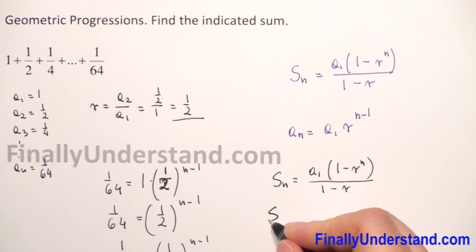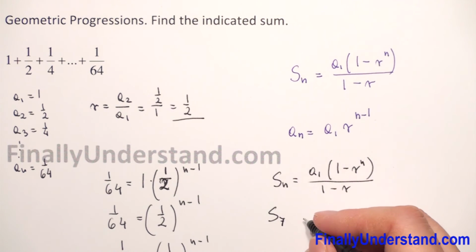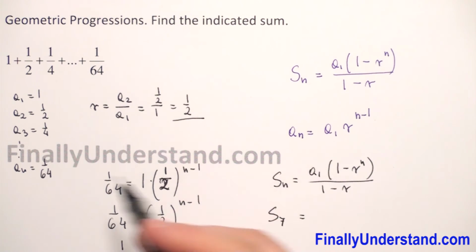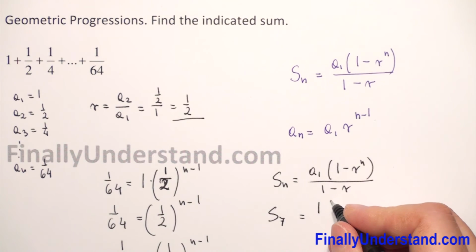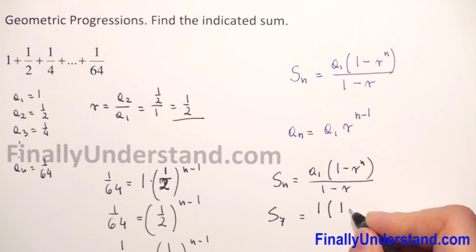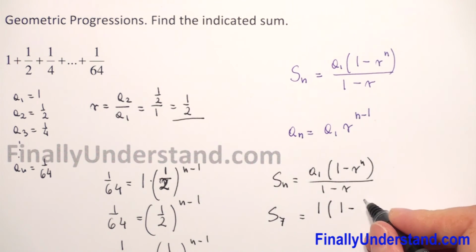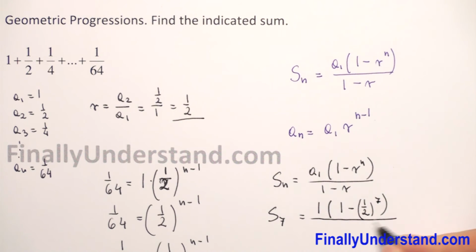So the sum of the first 7 terms of the geometric progression is a1, which is 1, times, in parentheses, 1 minus r, which is 1/2, to the power n, which is 7, close parentheses, over 1 minus 1/2.